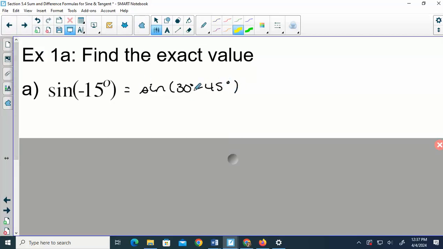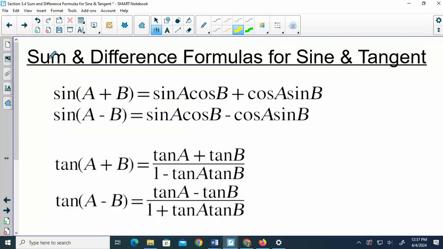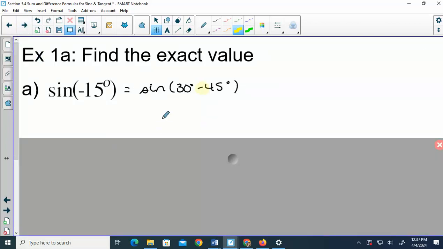The subtraction, it's not treating it like a negative 45. That's what tells me I'm using the sine of A minus B. So sine of the first, cosine of the second, minus cosine of the first, sine of the second.